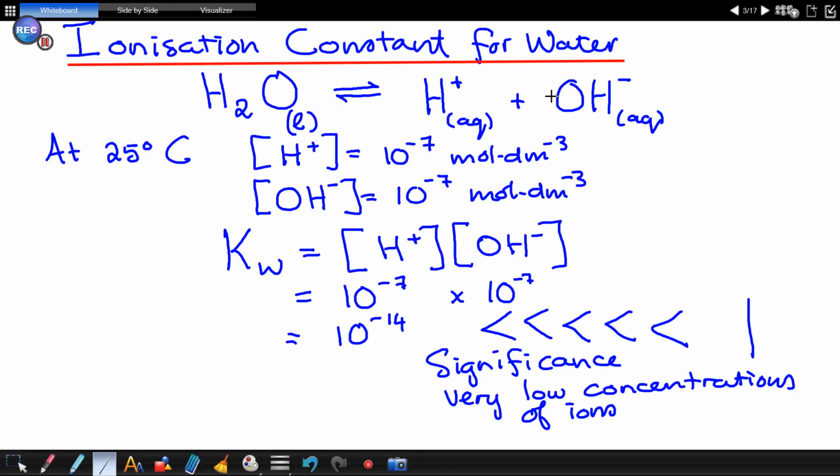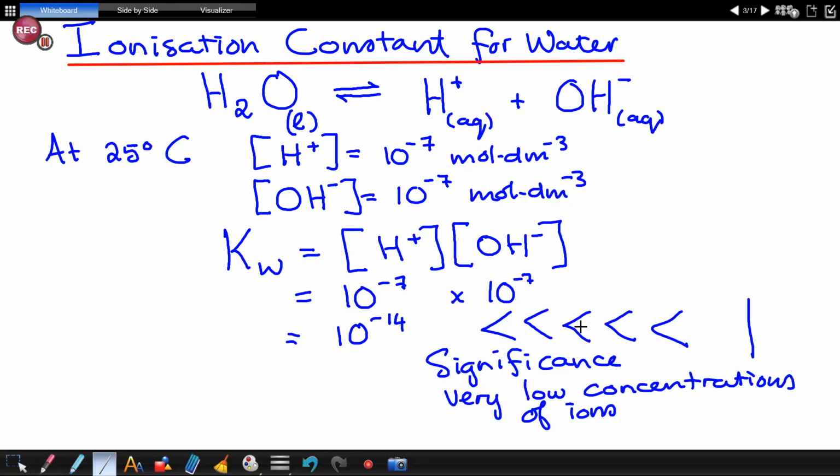It's called the ionization constant or the ionization product of water. The KW comes from multiplying the concentration of the hydrogen ions by the concentration of the hydroxide ions, and it's simple mathematics. You get to 10 to the minus 14.